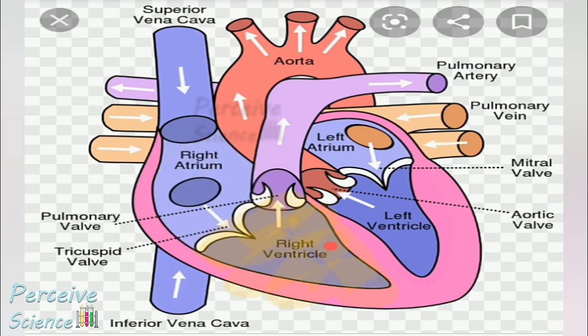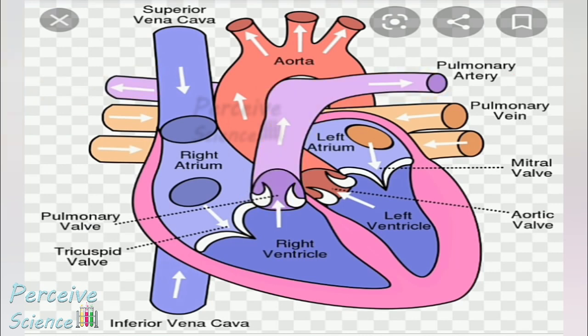The right ventricle again pumps the blood into the pulmonary arteries, where the blood is sent to be oxygenated again. Now we found that the left side of the heart was carrying oxygenated blood all the time and the right side of the heart was carrying the deoxygenated blood, which was sent to both the lungs through the pulmonary artery.